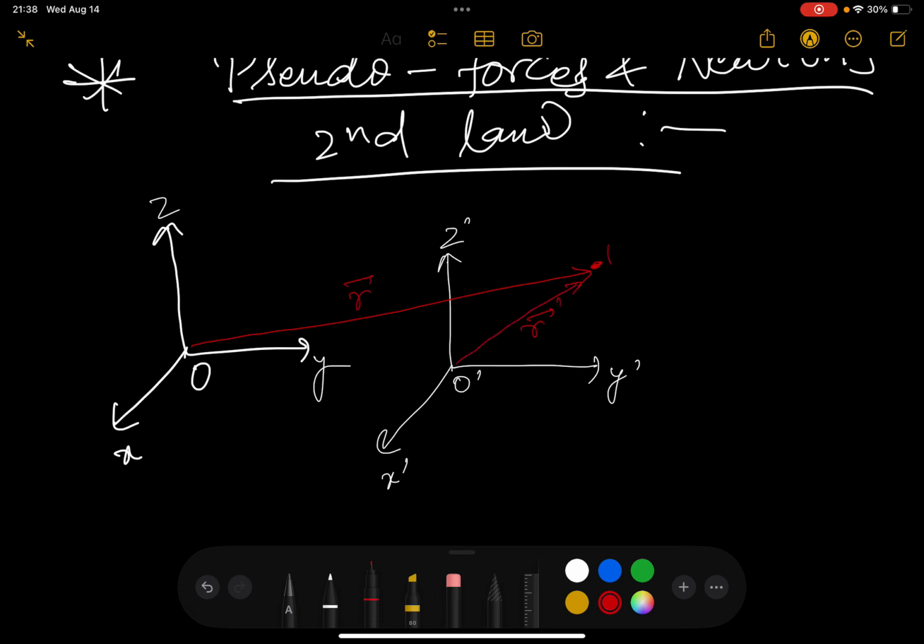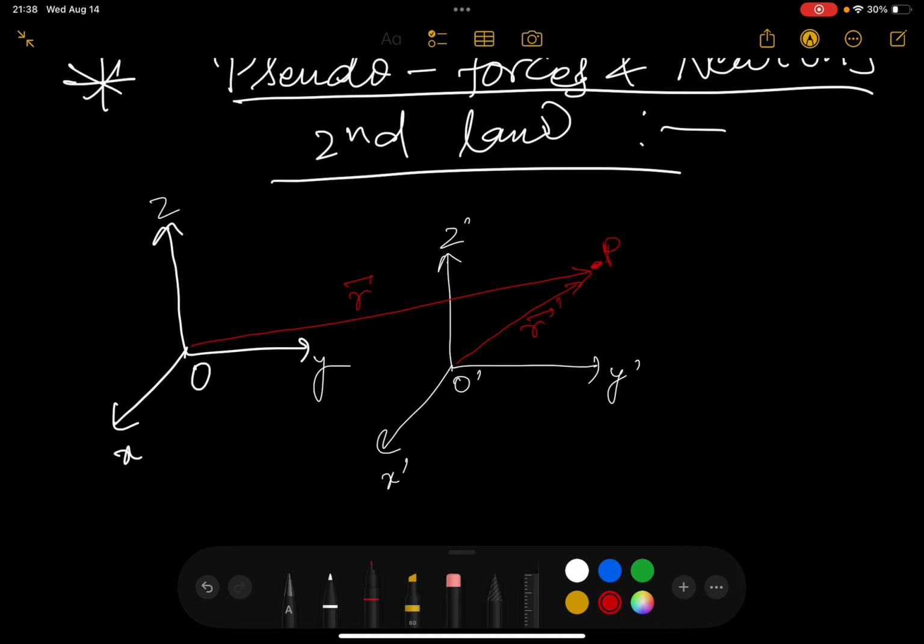Basically this particle is P. This same particle has a position vector as defined from an inertial frame of reference, that is R, and a position vector R dash, measured from the non-inertial frame of reference O dash X dash Y dash Z dash.